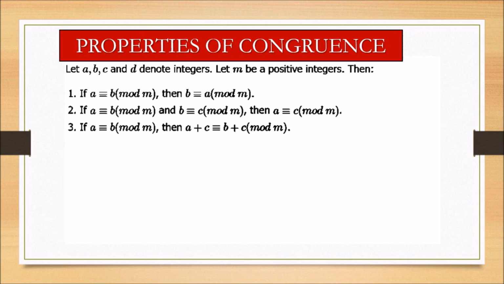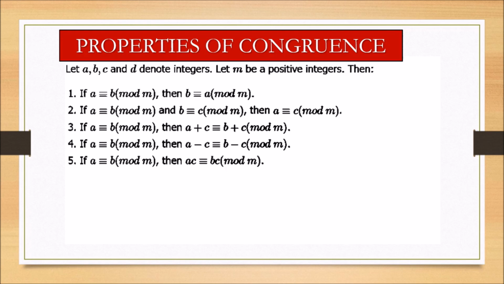If a is congruent to b modulo m and c is any integer, then a plus c is congruent to b plus c modulo m. In the same way, a minus c is congruent to b minus c modulo m.